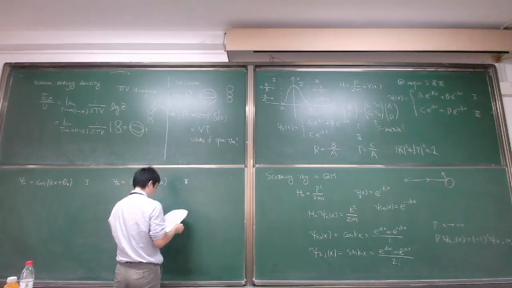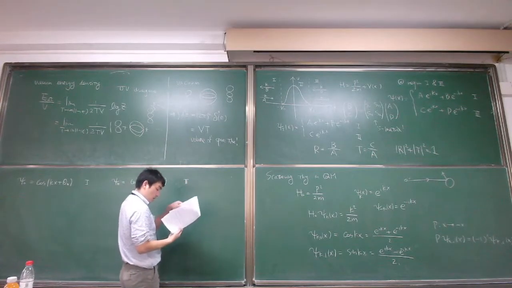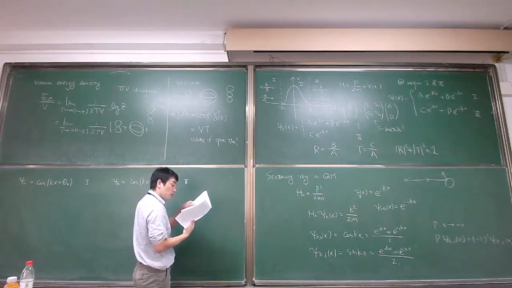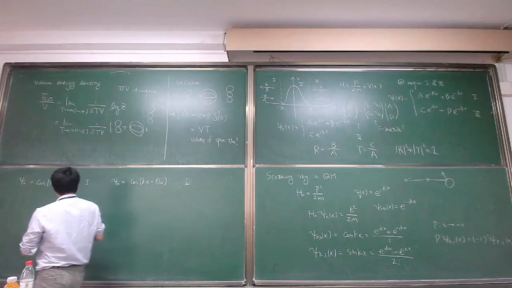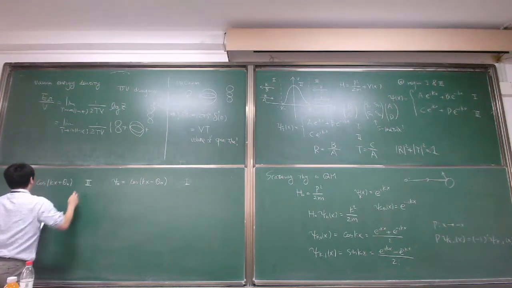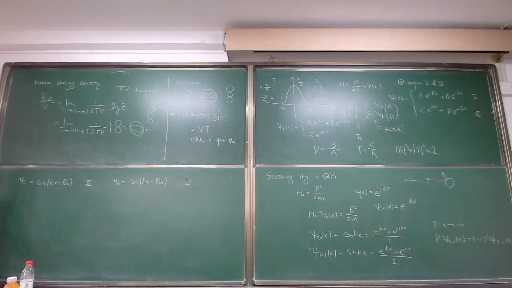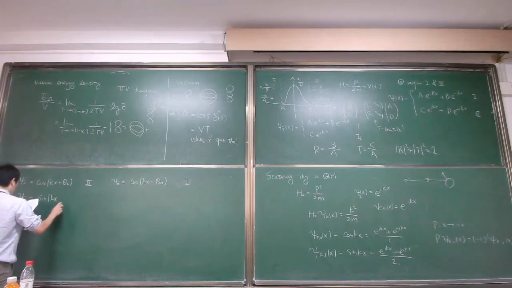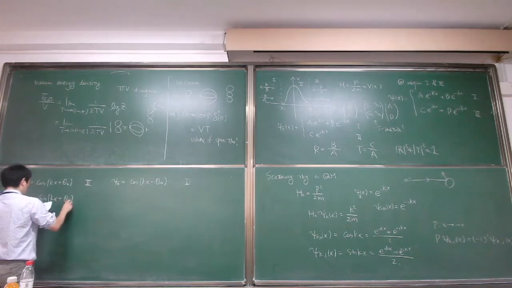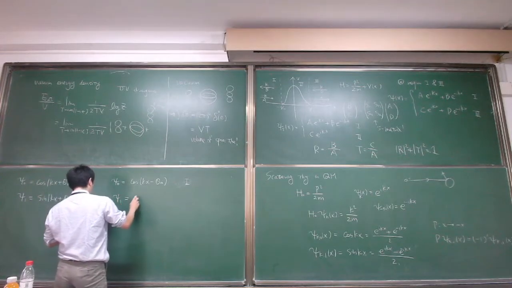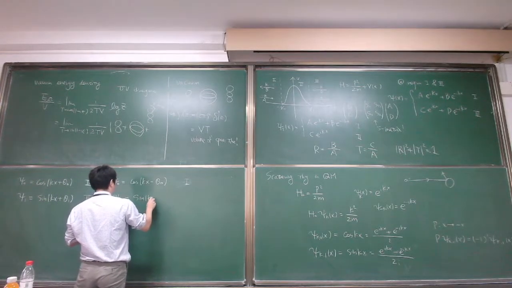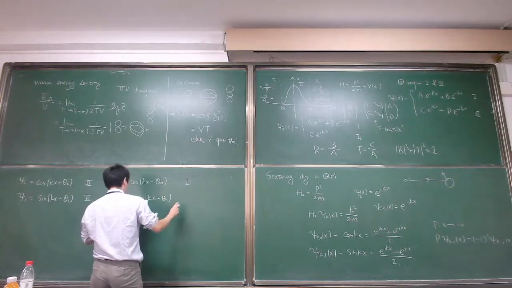Sorry, did I make a mistake? I think this is region 1. According to my lecture note, let's believe I have written the correct thing. And sine kx, psi 1 in region 3, and psi 1 is sine kx in region 1.